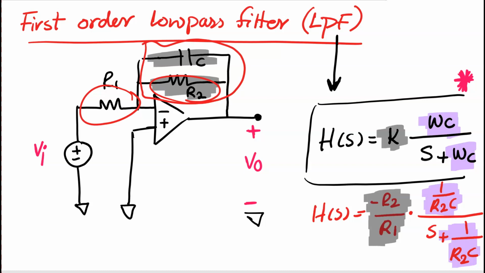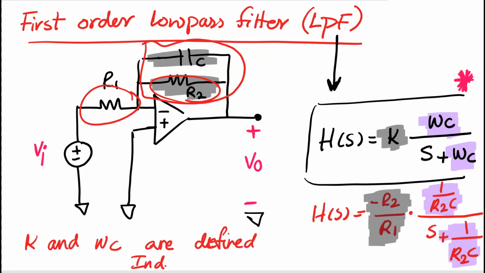And then after you've selected your cutoff frequency, you can choose whatever gain you want to have by changing the ratio between R1 and R2. So you can just play with your R1 and change the gain. So something that is very important here is that K and omega C are defined independently.